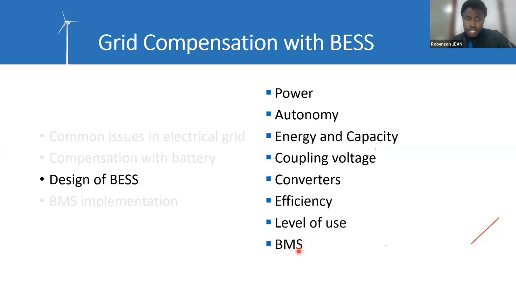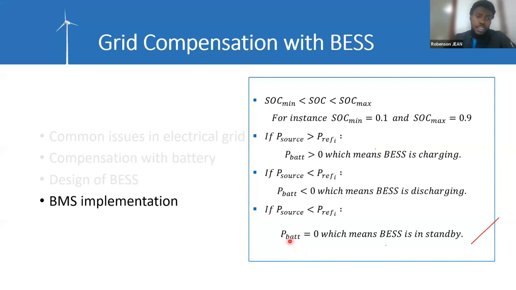Now, let's see how to implement the battery management system, the BMS. So it is important to define a minimum and a maximum for the state of charge. For instance, I can define for my battery management system 10% as the minimum and 90% as the maximum.